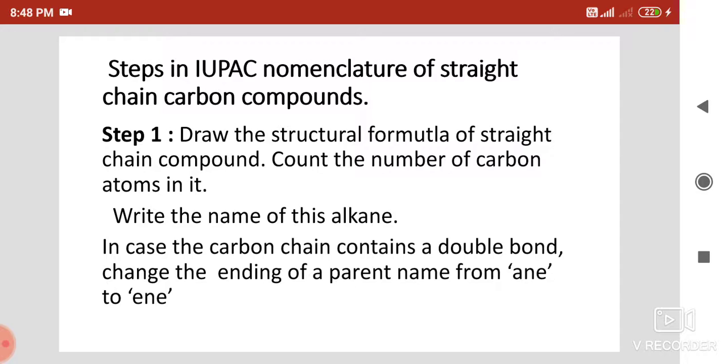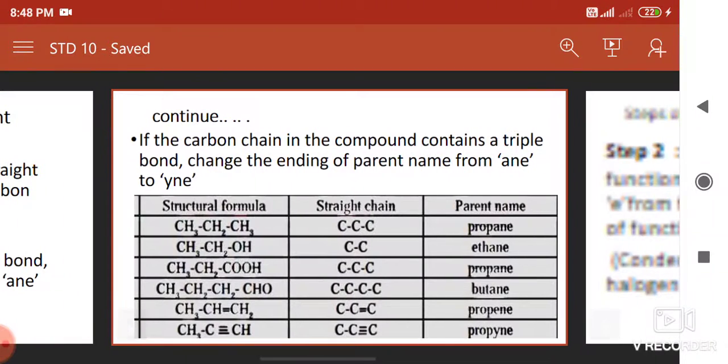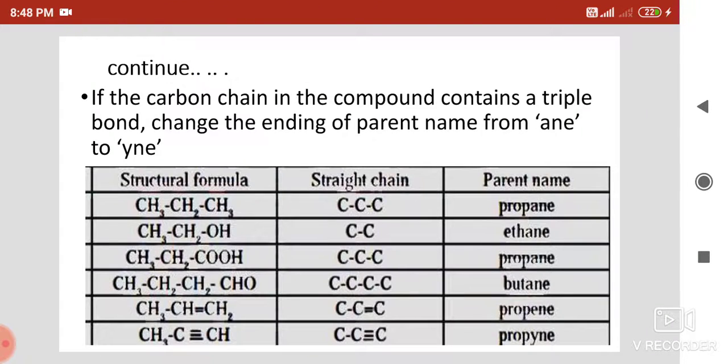If in place of a single bond a double bond is there, then we change the last three letters ANE by ENE, so that the alkane converts to alkene. Similarly, if the carbon chain contains a triple bond, then we change the ending of the parent name from ANE to YNE. Let us understand with the examples.